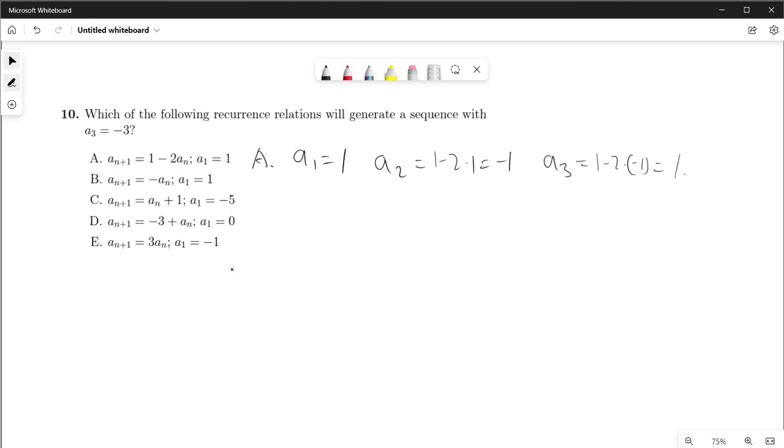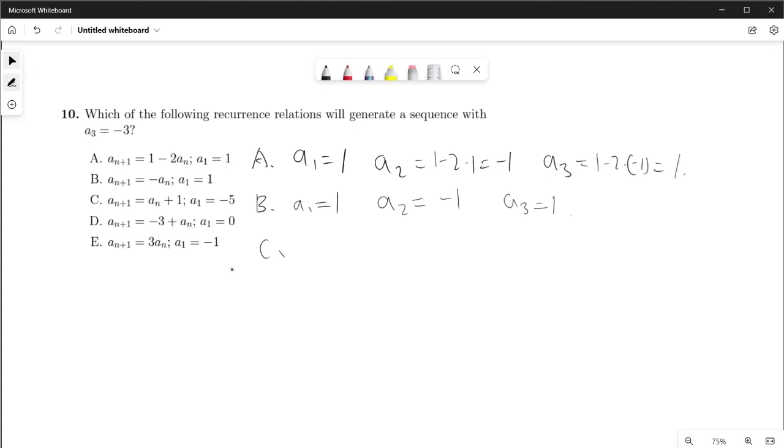And this one just oscillates between 1 and -1. It's not what we're looking for. For option B, we have the first term starting on 1 again. So A2 would be just the negative of the last term, -1, and then just go back to 1. So that one is the same as option A.